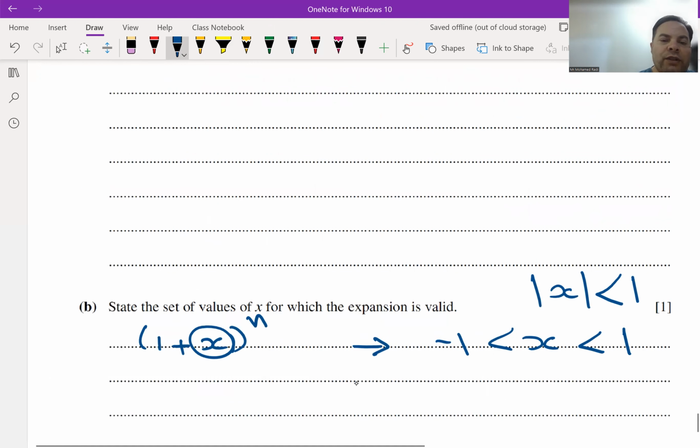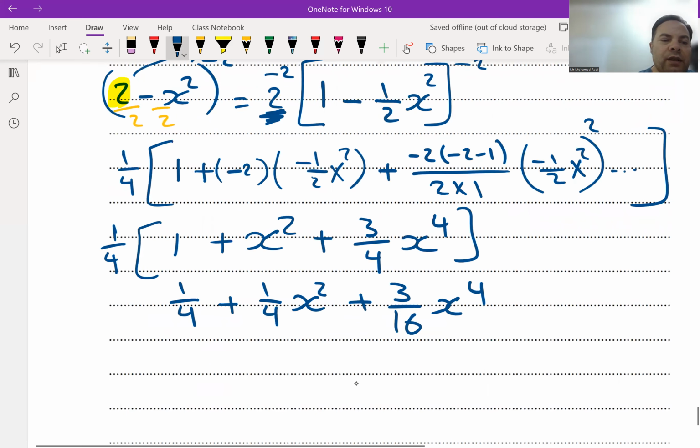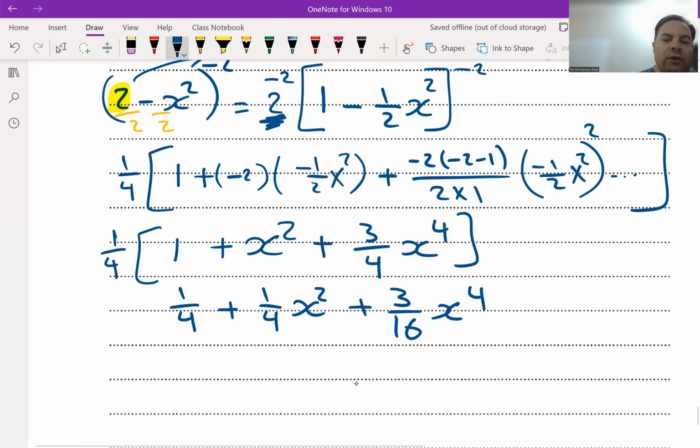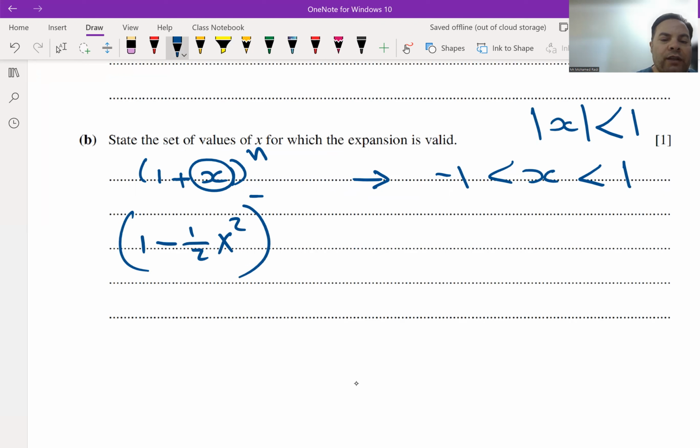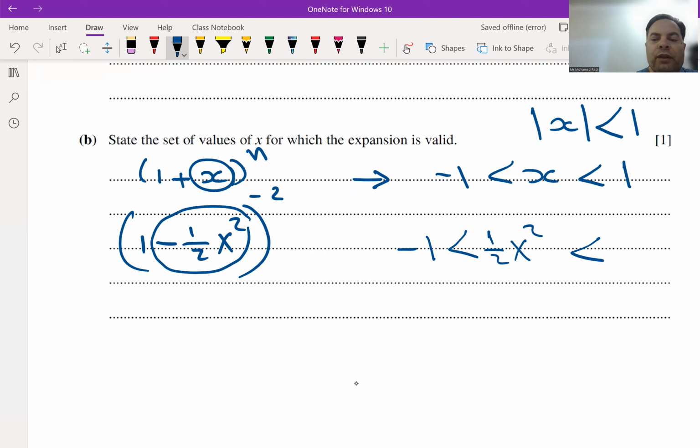So the expression now is (1 minus half x squared) to the power of negative 2. This part must be between negative 1 and 1. So if half x squared is between negative 1 and positive 1, multiplied by 2, x squared is between negative 2 and positive 2.